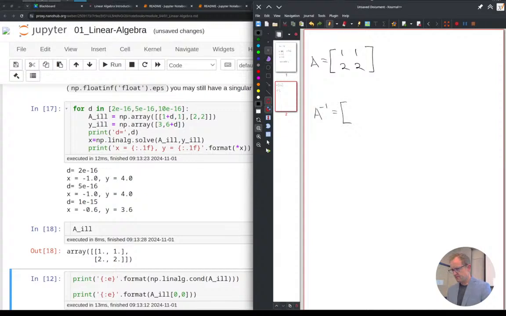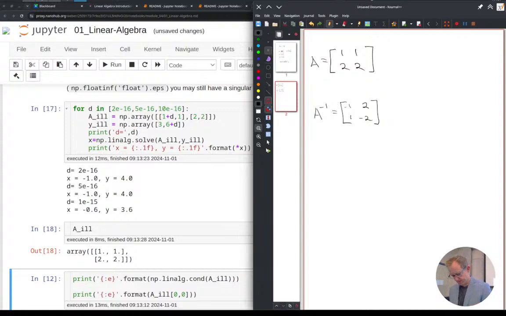And then what is the inverse? I think it's 1 over the determinant times, you swap the diagonal entries and then you change the sign of the other two. -1, -2, switch the sign.